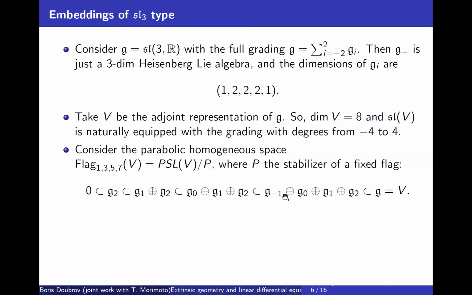Then it's 7, we add also G minus 1, and finally it's all of V, which is 8. So we would like to consider flags in the 8-dimensional V, but of dimensions 1, 3, 5, 7. So this is the kind of embedding we would like to have. Well, this is the setup we'd like to have.